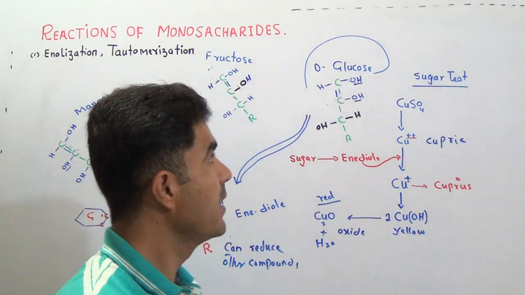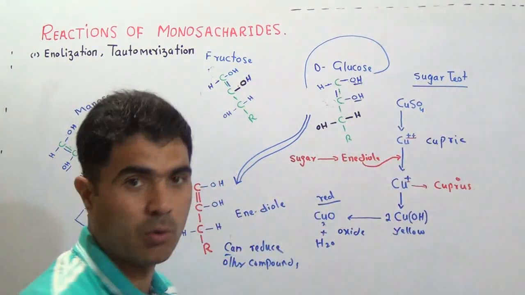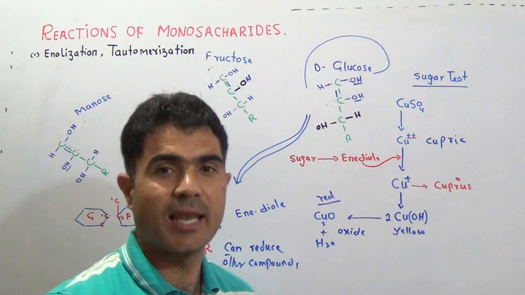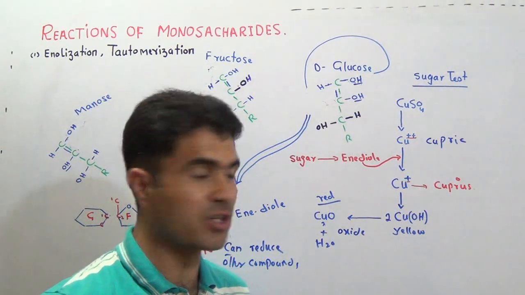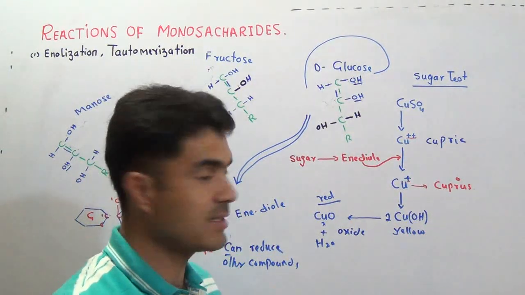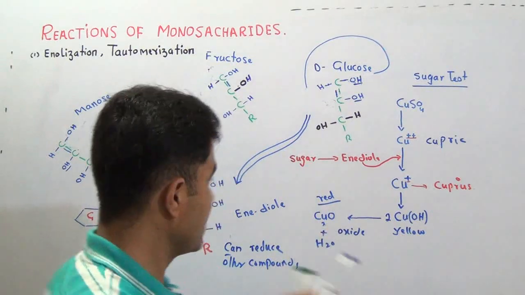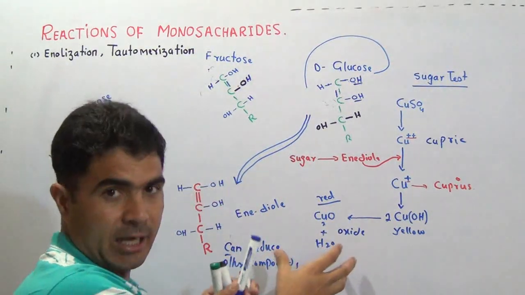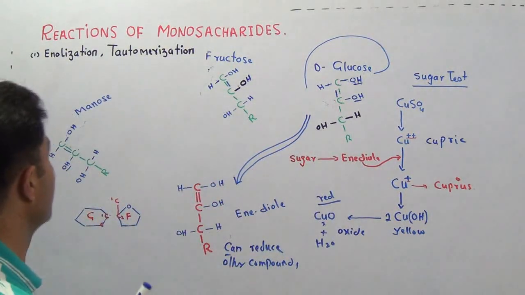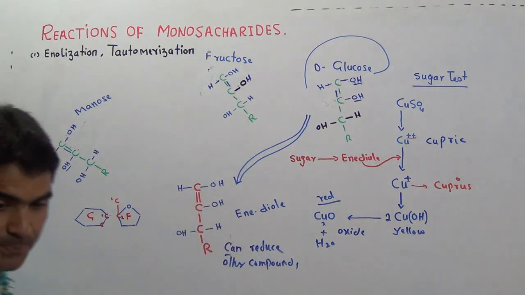These are all based on this enediol. So whenever you are standing in the biochemistry laboratory performing this test, the principle of this test is all linked to this enediol formation. So that was very important for me to tell you.